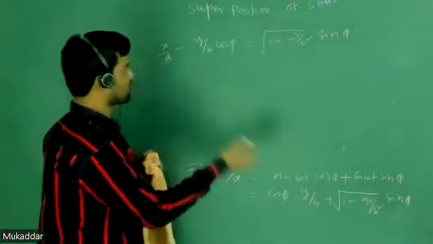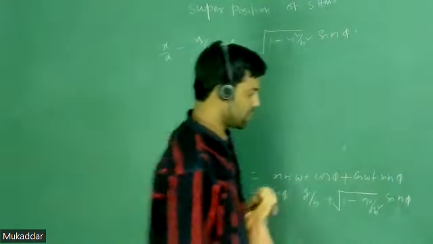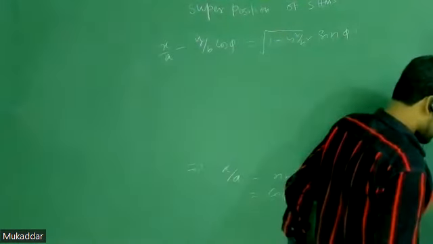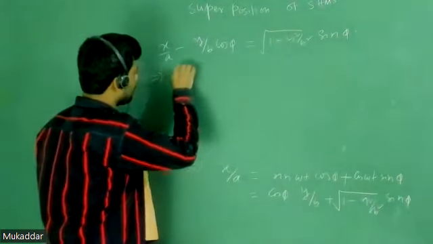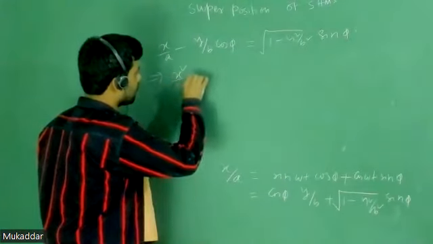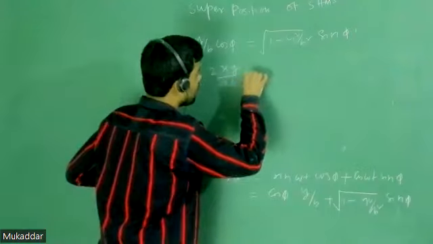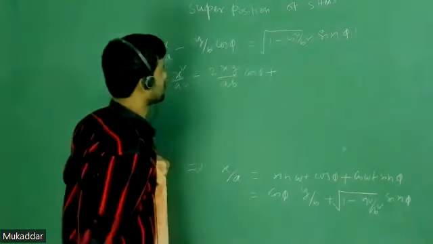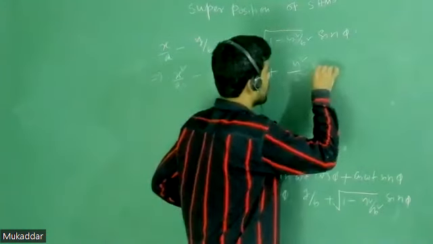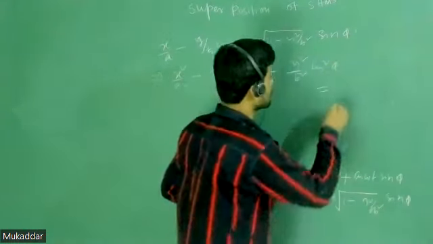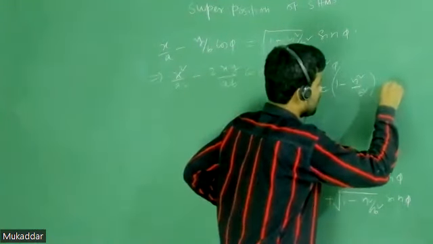Now if you square both sides, then what will happen? Tell me. If you square both sides, you will have x square by a square minus 2xy by ab cosine of phi plus y square by b square cosine square phi, that will be equal to how much? 1 minus y square by b square, sine square phi.